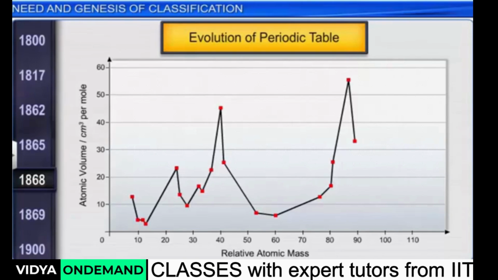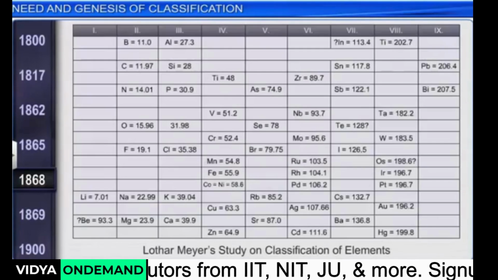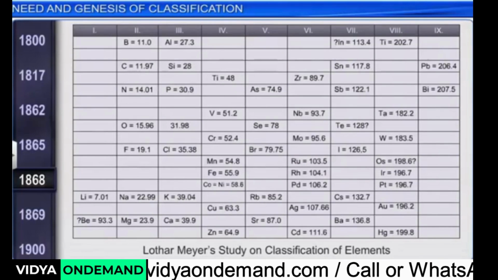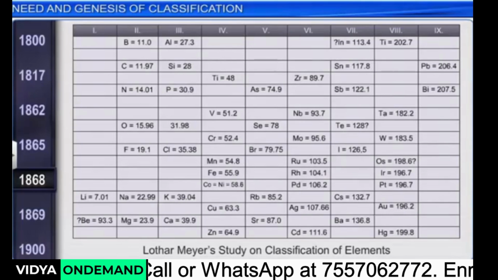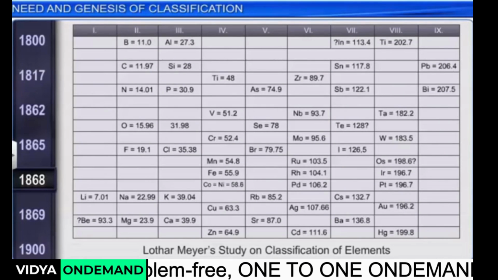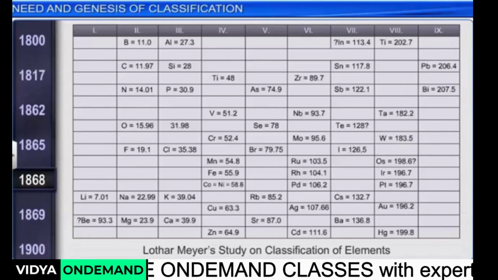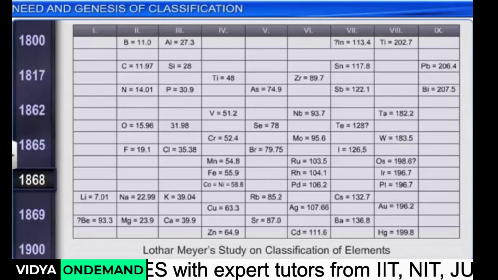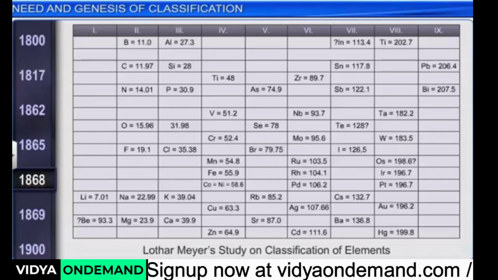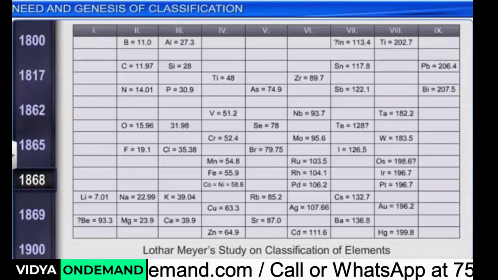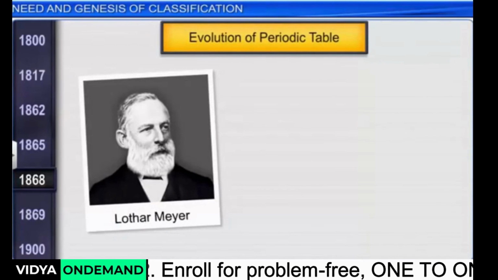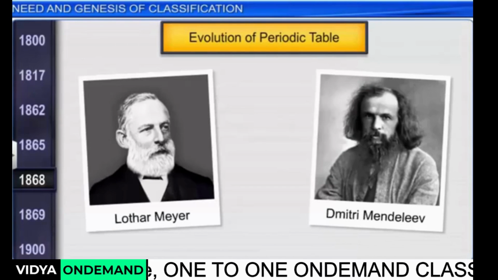Unlike Newland's, Lothar Meyer observed that the length of that repeating pattern was not constant and there was a change in the length, and so created a periodic table based on the increasing atomic weights as given on stage. Unfortunately, his work was published after the work of Dmitri Mendeleev. Hence, Mendeleev is considered the father of the modern periodic table.